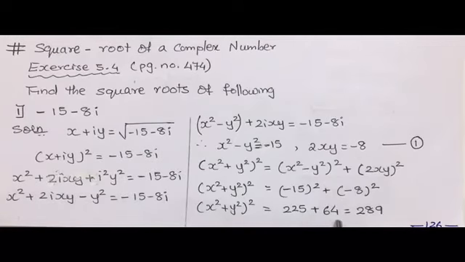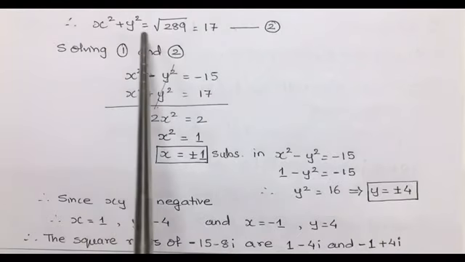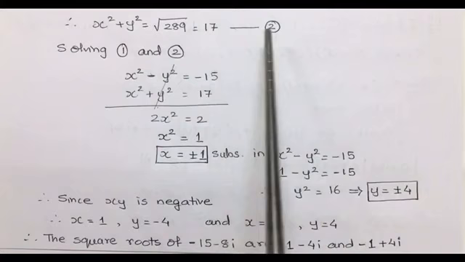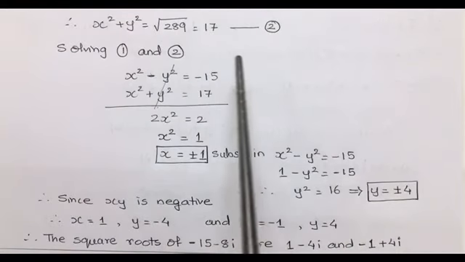So we get (x square plus y square) whole square equal to 289. Now taking the root of 289, x square plus y square is 17. So this is our equation number 2.